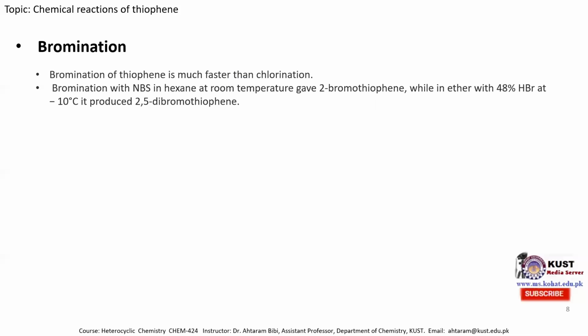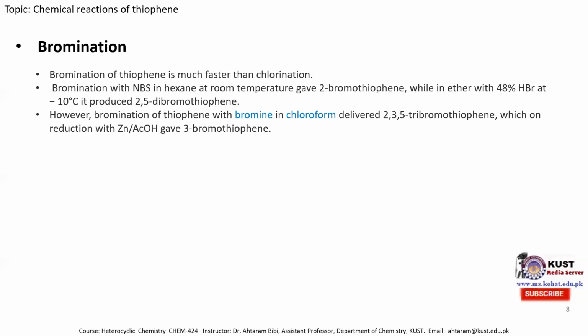So if we want to obtain 2-bromothiophene, we will use hexane solvent at room temperature, and if we want to obtain 2,5-dibromothiophene, then we will treat thiophene with N-bromosuccinimide in ether solvent with 48% hydrogen bromide at a low temperature of minus 10 degrees centigrade to obtain the 2,5-dibromothiophene.